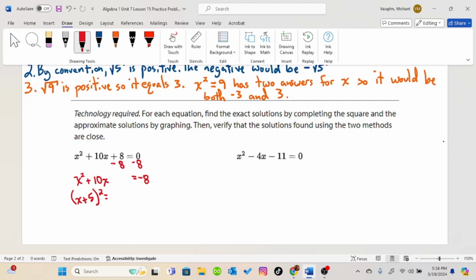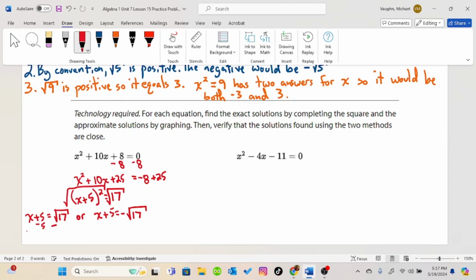Now we take that 5 and we square it, which tells us to add 25 to both sides. Negative 8 plus 25 is 17. Next, we take the square root of both sides, and our answers are that x plus 5 equals the square root of 17, or x plus 5 equals negative square root of 17.